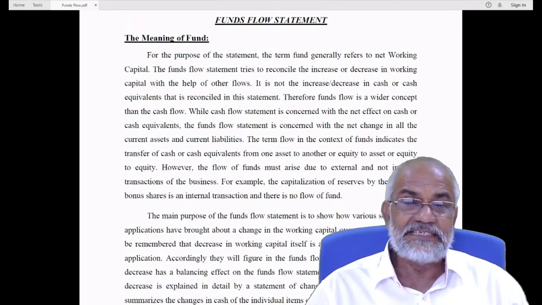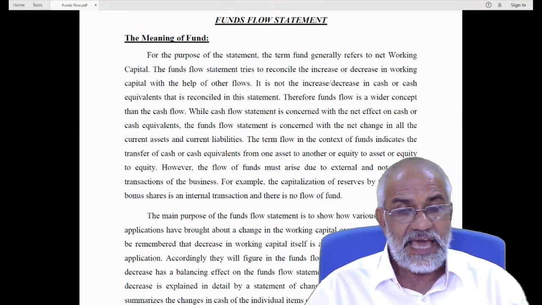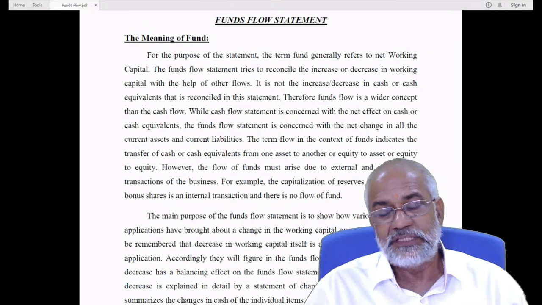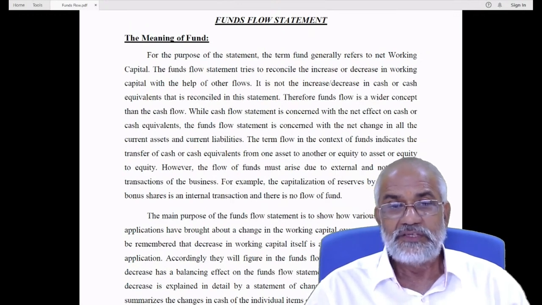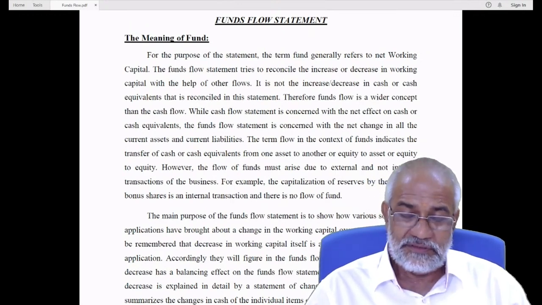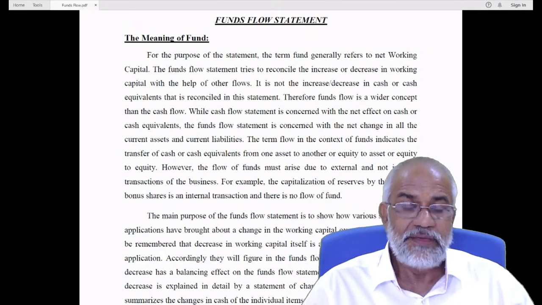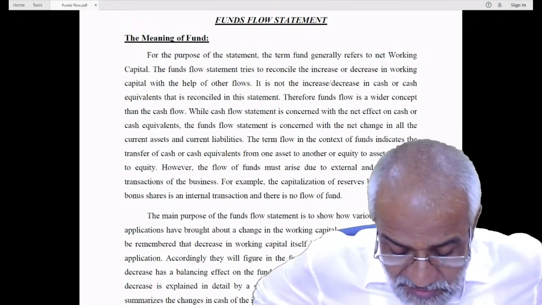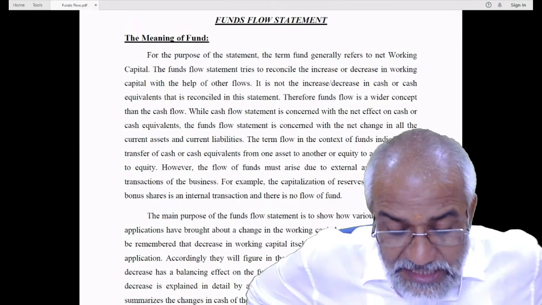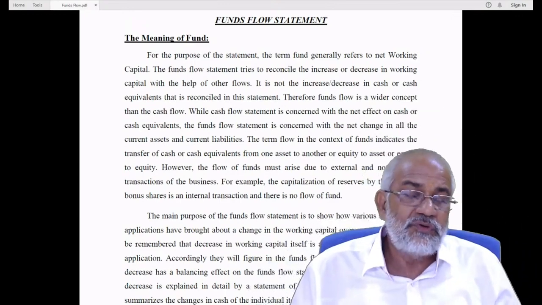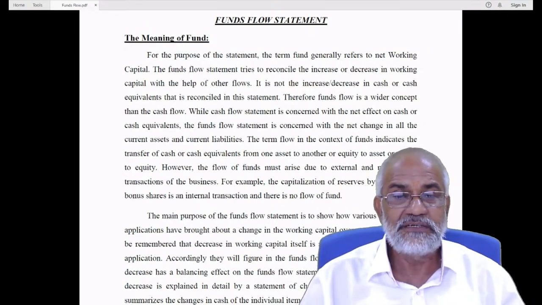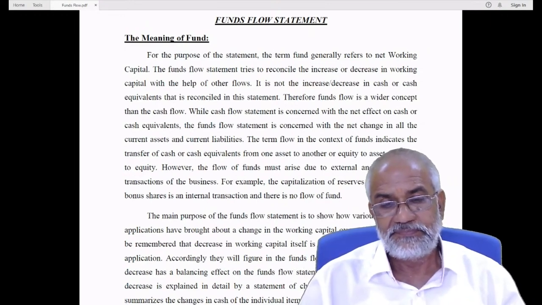In the second transaction, one belongs to the current liability, that is sundry creditor, and the second one belongs to the current asset, that is cash. The current liability is reduced, current asset is reduced. So the volume of fund remains same, because when the current liability is reduced and current asset is reduced, the resultant would not affect the fund position, it will remain same.